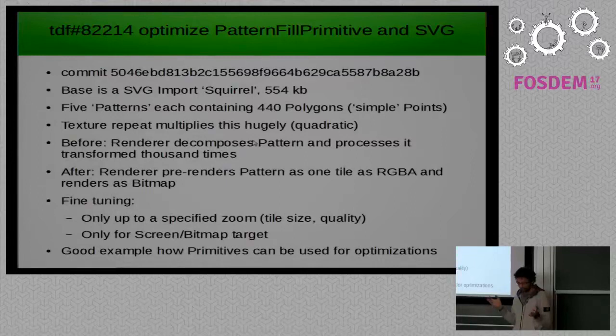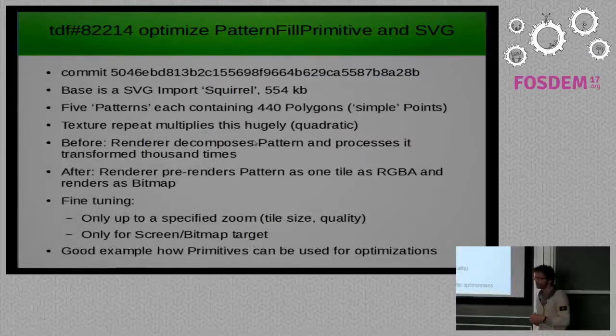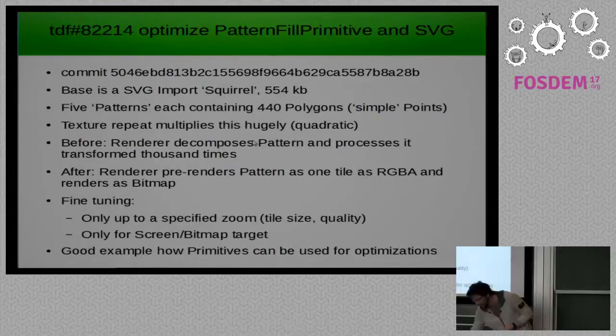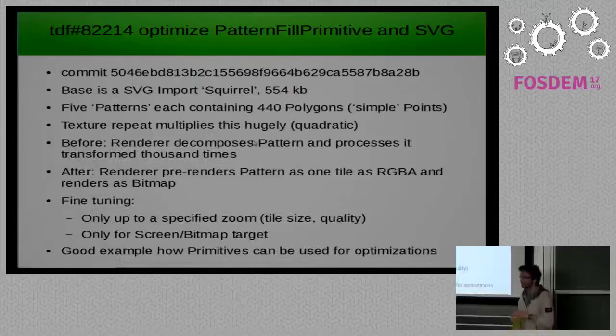Then you should avoid doing that, of course. And only up to a specified zoom level, because when you zoom in deeply, you automatically don't have the problem, since only a few of the tiles are rendered. So you can just use a higher quality. The original approach had a high quality, but had speed problems when all of the stuff was shown.